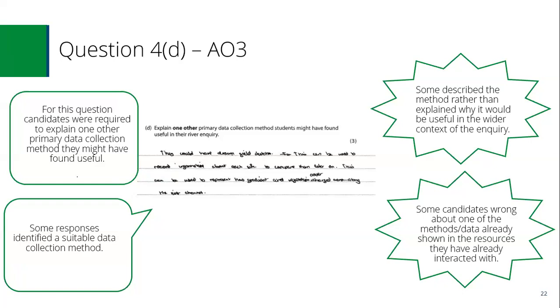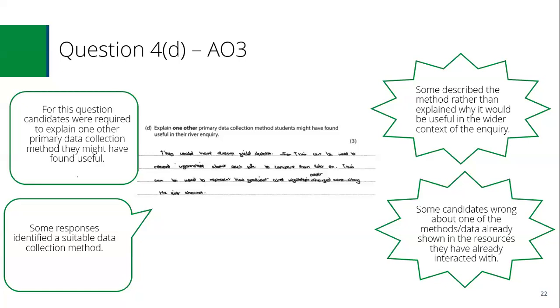Explain one primary data collection method students might have found useful in their river enquiry. For this question, we're required to explain one other primary collection method they might have found useful. Some responses identified this. Some described the method rather than explaining why it would be useful, again misreading the question slightly.